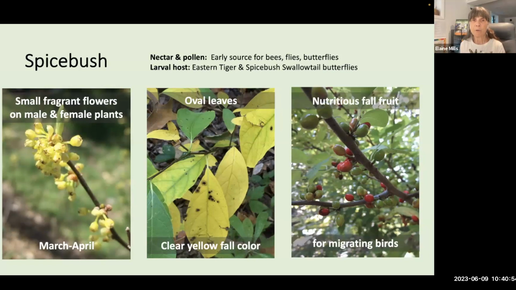You'll see a nutritious fall fruit on the female plants, very helpful for providing nourishment for our migrating birds. Additionally, some foragers enjoy using the dried fruit, grating it and using it in cooking. It can be a substitute for allspice.